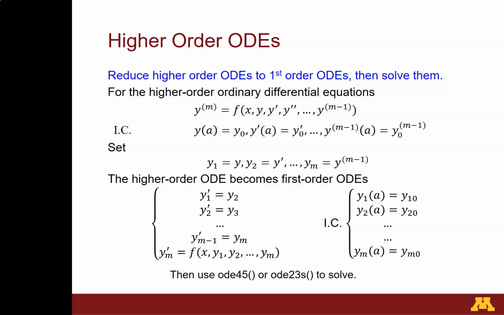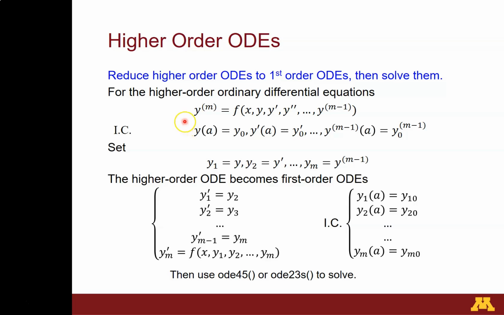In the previous slide, we only learned about the first order ODEs. So, how to solve the higher order ODEs? The first step is to reduce the high order ODE to first order ODEs. Then we can use the same ODE solver to solve them.